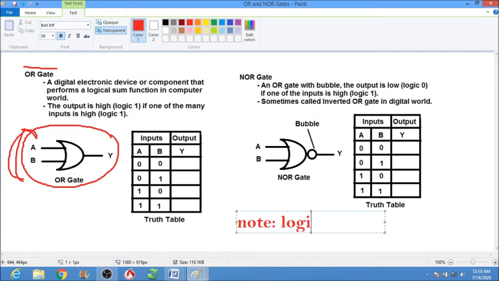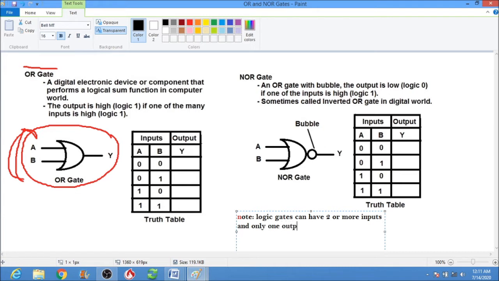Logic gates can have 2 or more inputs, but only 1 output.